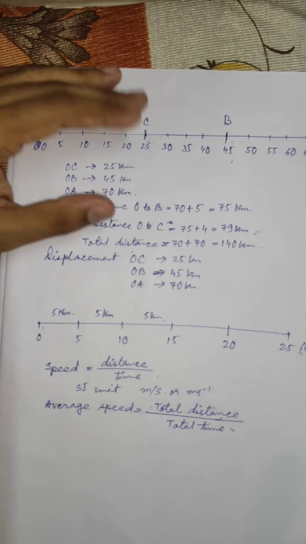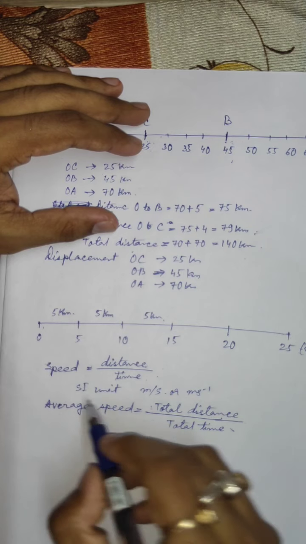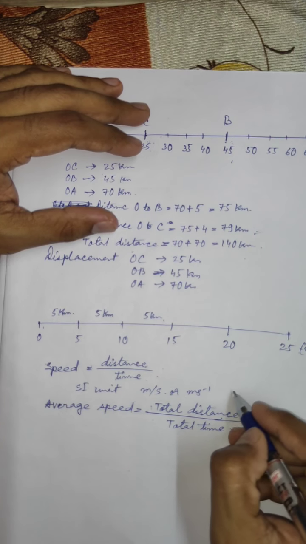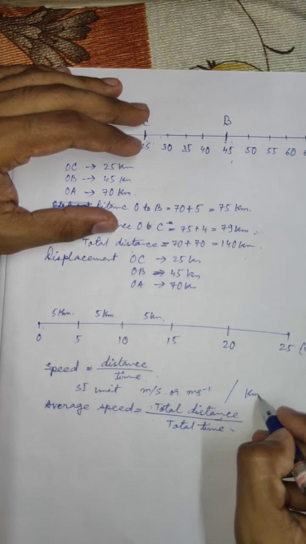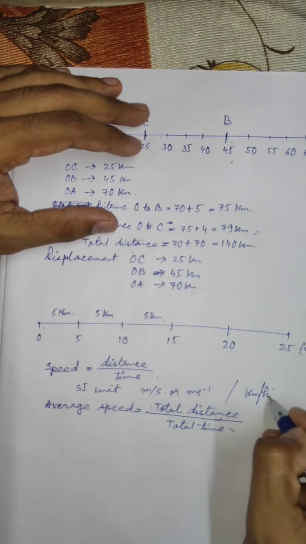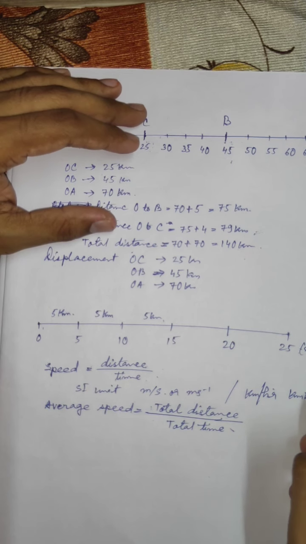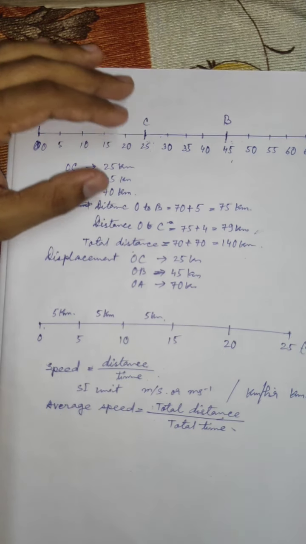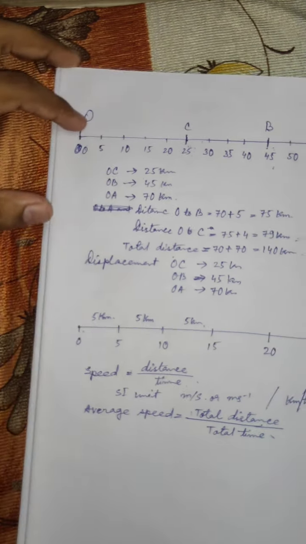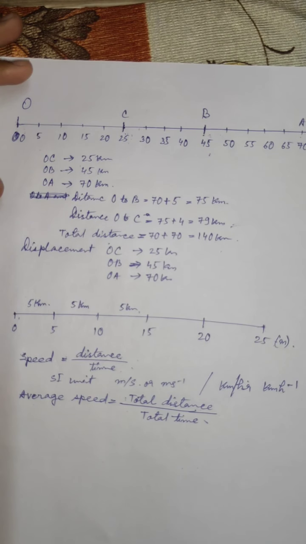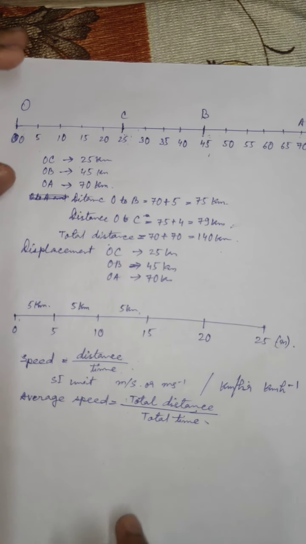The unit will remain the same, which is the SI unit of speed. Another, higher unit is kilometer per hour or kilometer hour inverse. This way you can write. So this way we find the average speed.